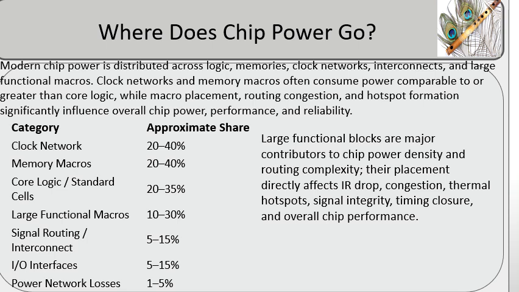The exact distribution depends on the chip architecture, application, operating frequency, and technology node. Large macros and clock networks often dominate power consumption and strongly influence routing congestion, thermal hotspots, and overall chip performance. Understanding where chip power is consumed enables designers to optimize power, timing, thermal behavior, and reliability throughout the physical design process.